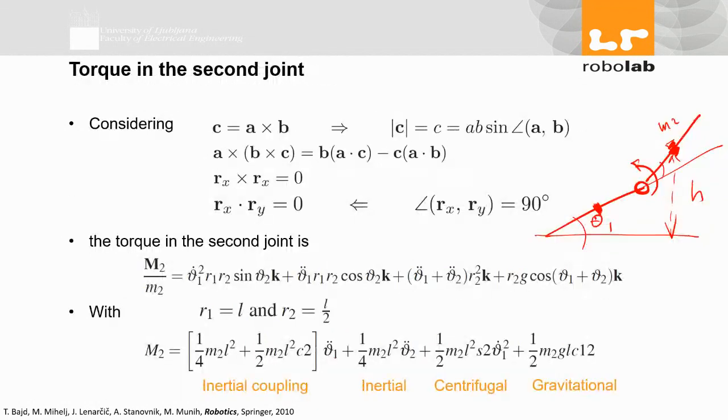So now I have two equations, two relationships between M1 and M2 and the angles. On one side, I have M1 and M2, the torques I have to apply through motor 1 and motor 2 to link 1 and link 2. On the other side, I have two variables.